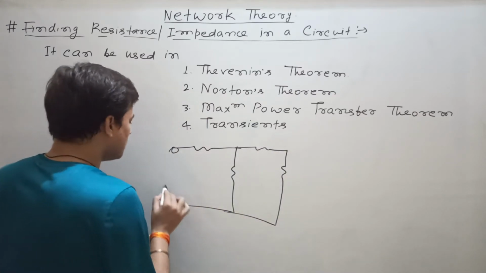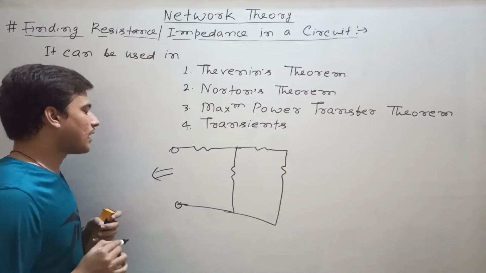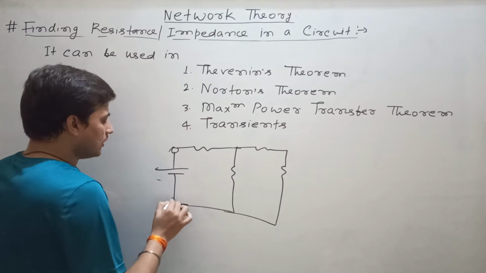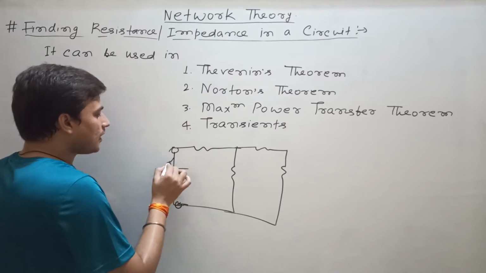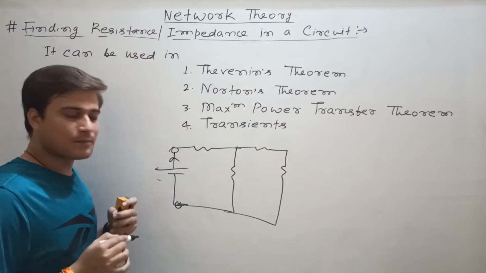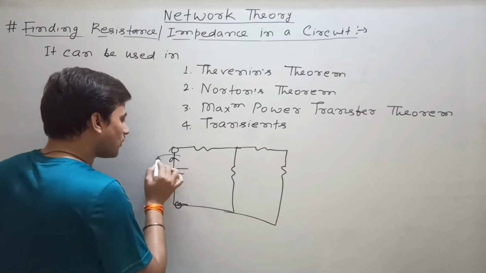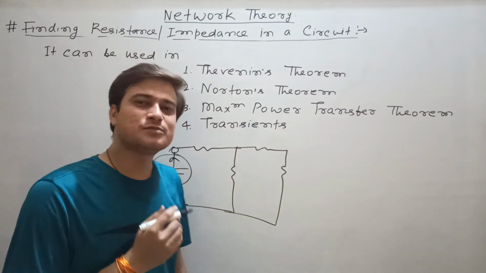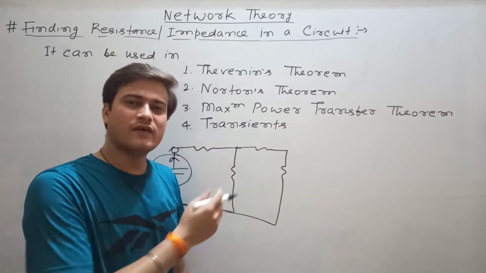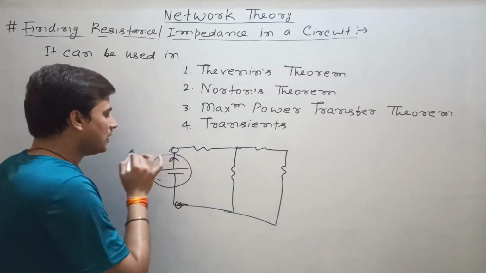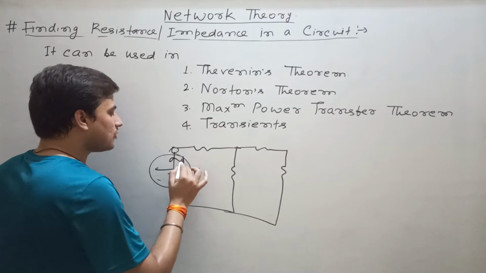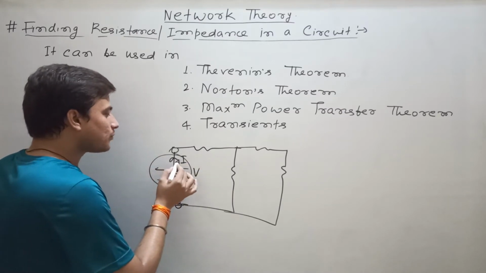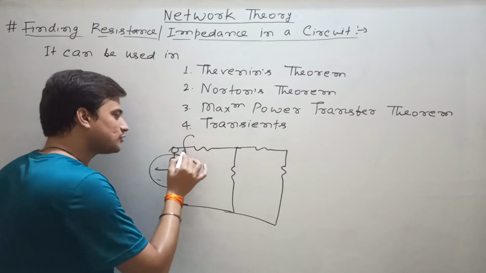Now if you are going to connect a supply, then you must know what will be the current that will come out from the supply. Because if you are designing a supply, you should know how much power this supply will deliver. To find the power, you will have to find the product of voltage and current.